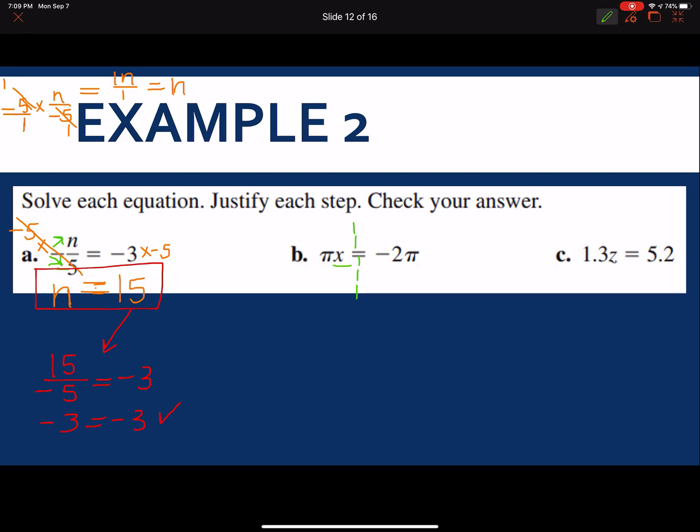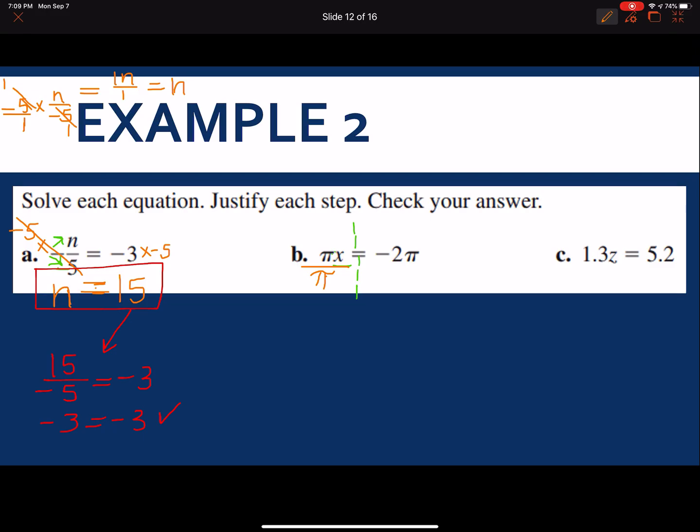So we're actually solving for x. Now pi and x are being multiplied. They're side by side, so it's understood to be multiplication. If I want to isolate or get x by itself, I'm going to reverse the multiplication, or basically use the inverse operation and divide by pi.